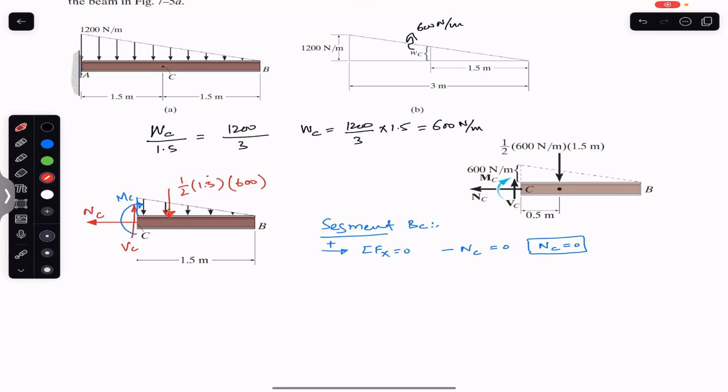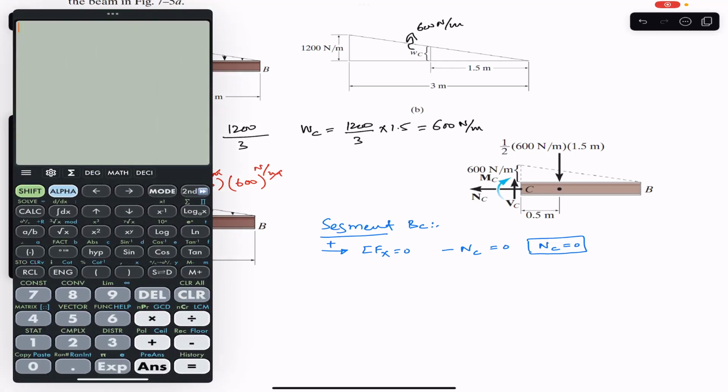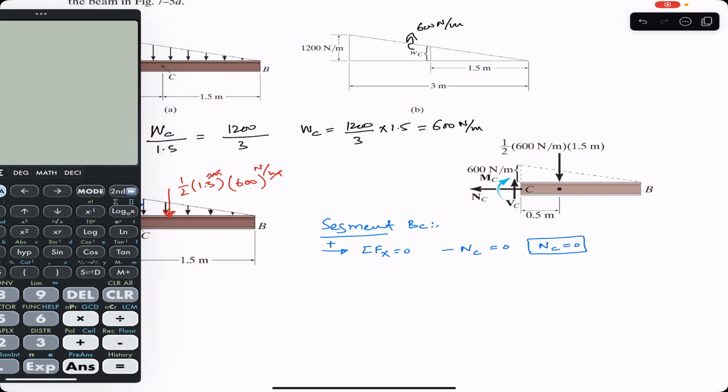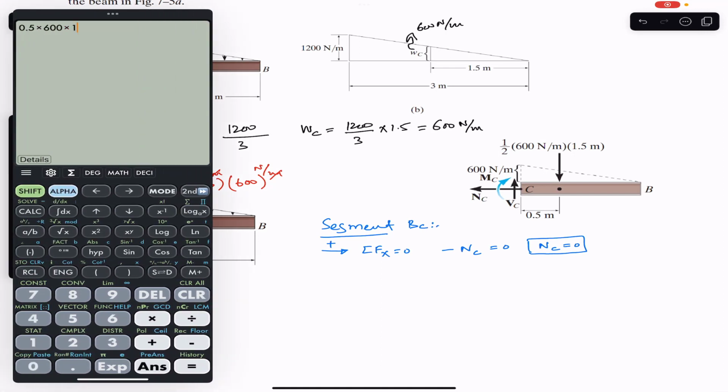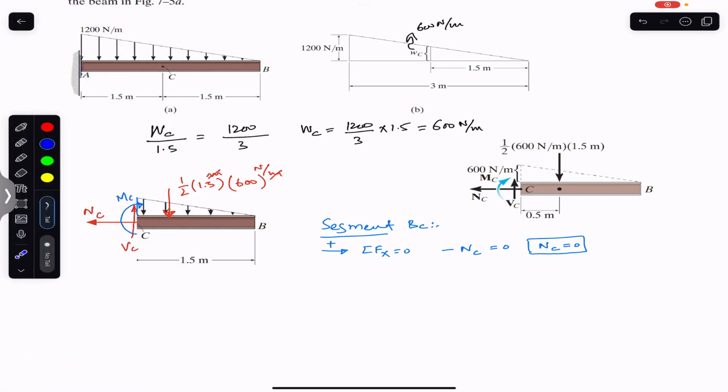This 1.5 is in meters, and this 600 is in Newton per meter. Meters will cancel, so the unit of the resultant for that distributed load will be Newtons. So 1/2 multiplied by 600 multiplied by 1.5 is 450.